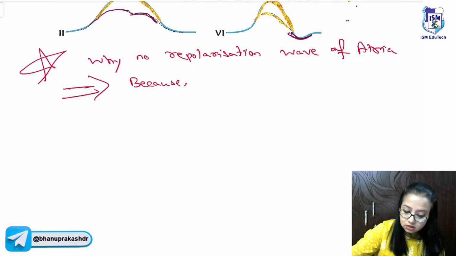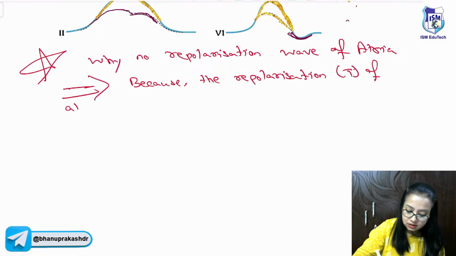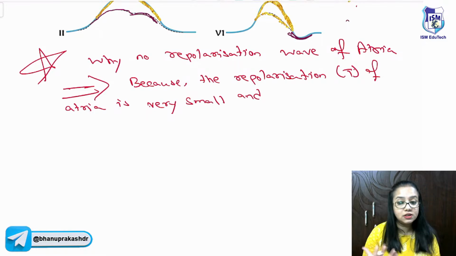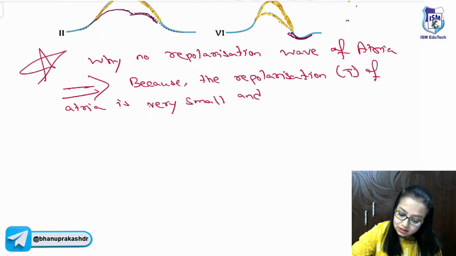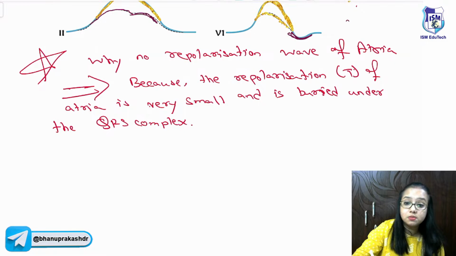Because the repolarization T wave of atria is very small, and because the mass of the atria is much smaller than that of the ventricle, right? Therefore, it is buried under the QRS complex. So it is not at all visible.